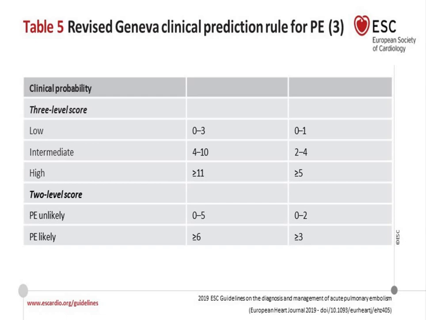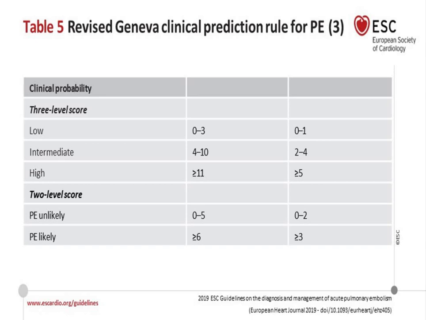Regardless of the score used, the proportion of patients with confirmed pulmonary embolism can be expected to be about 10% in the low probability category, 30% in the moderate probability category, and 65% in the high probability category.